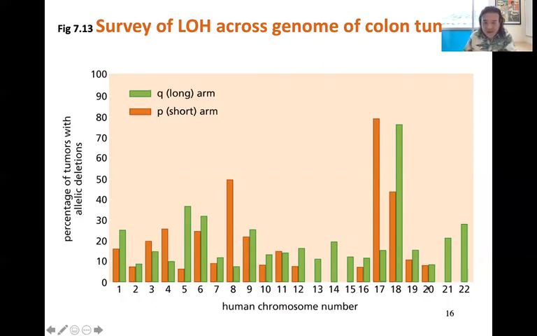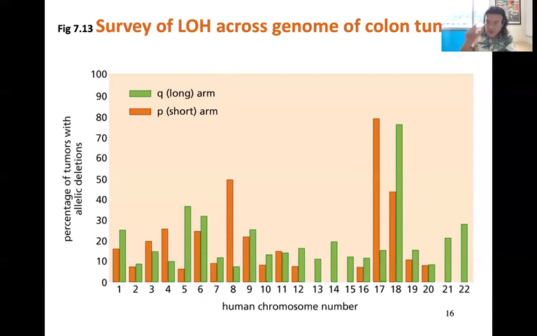So across all 22 of the chromosomes included here, they looked at evidence of allelic deletions or loss of heterozygosity happening in the Q arm or the P arm of these chromosomes. And by collecting this data, you can see that certain chromosomes like chromosome 8, 17, maybe 18, there is very compelling evidence that loss of heterozygosity involving those chromosomes is associated with having colon tumors.